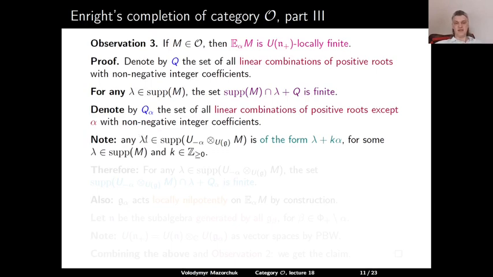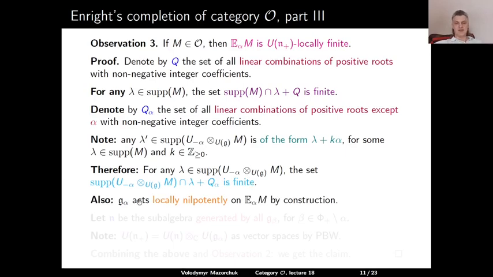Since any weight of the localized module is of the form lambda plus k alpha for some weight lambda of the original module and some non-negative integer k, it follows that for any weight lambda of the localized module, the intersection of the support of the localized module with the set lambda plus Q alpha is finite.